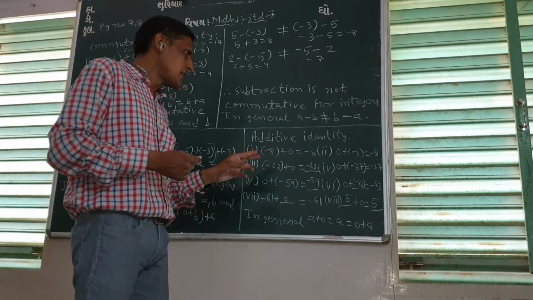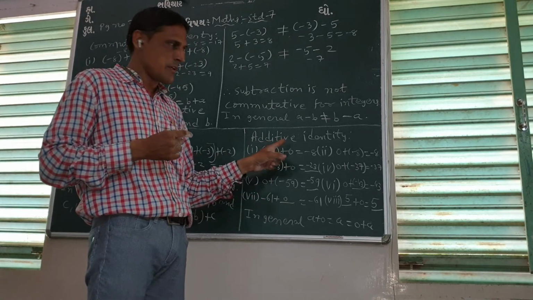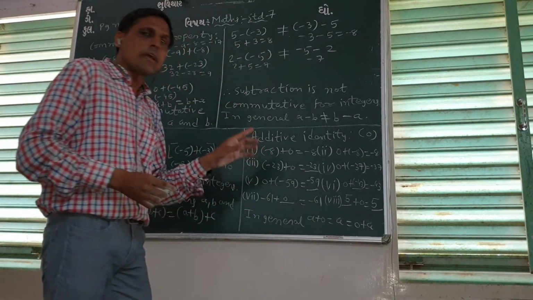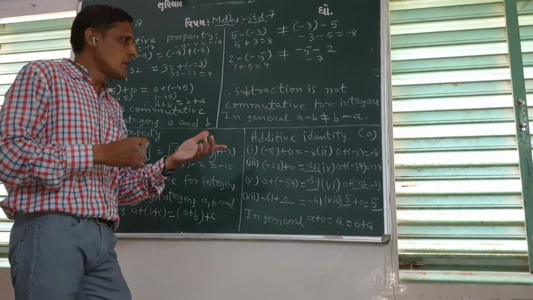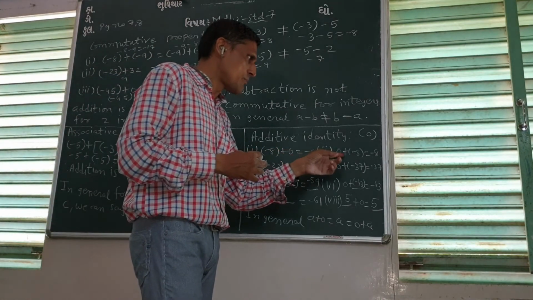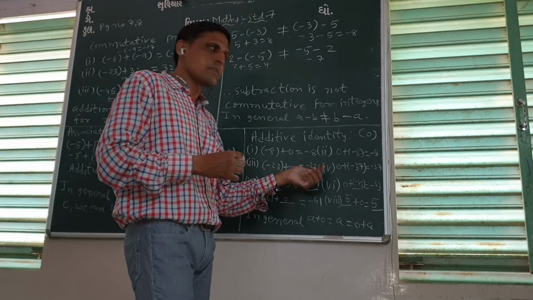Then additive identity. What is additive identity? 0 is called additive identity, right? In brackets we write 0. If we add 0 to any number, the answer will be that number. So -8 plus 0 is equal to -8. 0 plus -8 is -8. -23 plus 0 is -23.